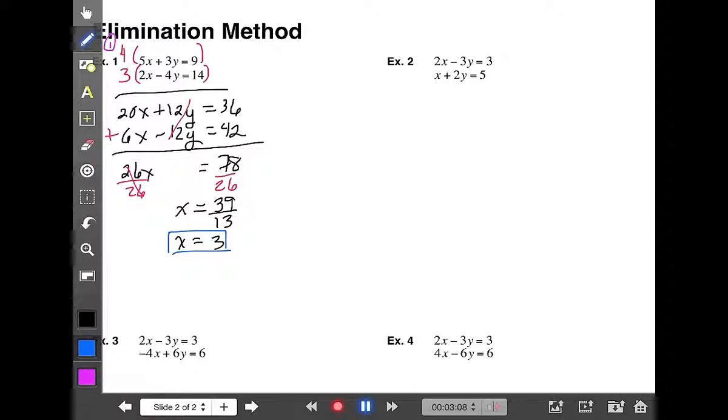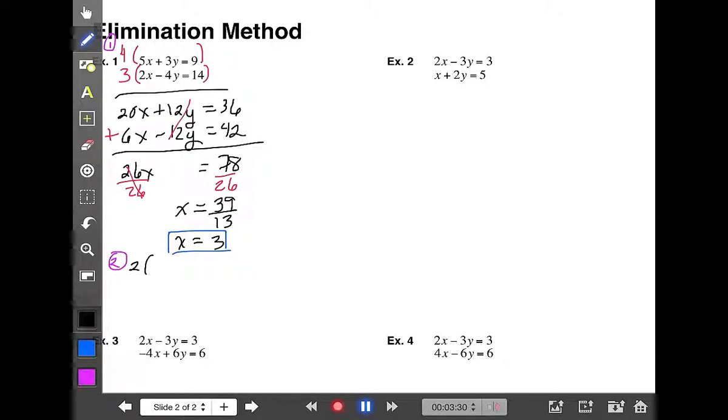Now, you decide what you want to plug 3 into. Do you want to plug 3 into this x or this x? Which equation looks nice? They're both equally detestable, but which one looks nicer? The top one, why? There's no negatives. So I agree with you. I'm going to choose that one. So the second step is to plug the value we just got into whichever equation you want to.